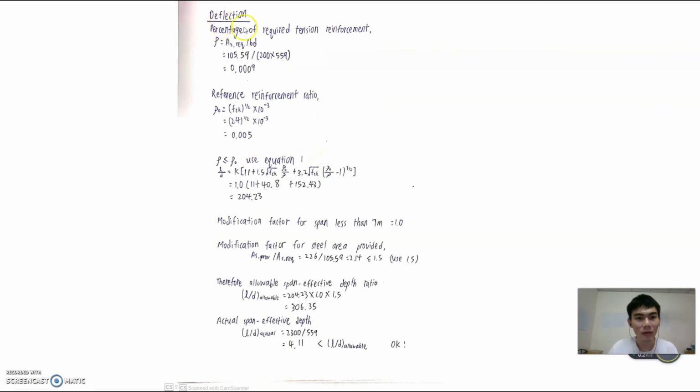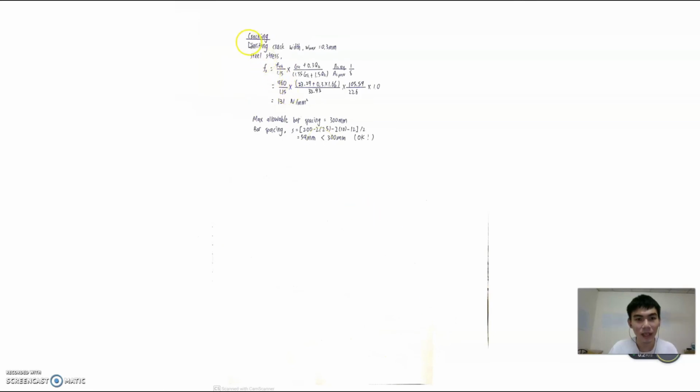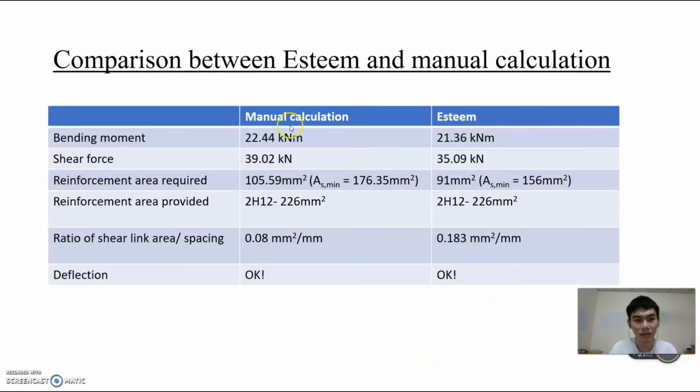After that, we also calculate for the deflection. So since the actual span effective depth is lower than the allowable span effective depth ratio, so the deflection is okay. And after that, we calculate for the cracking. So since the bar spacing is below the maximum allowable bar spacing, so cracking is okay.